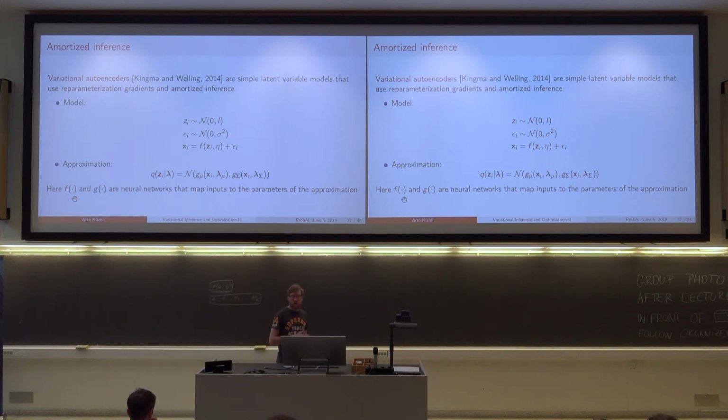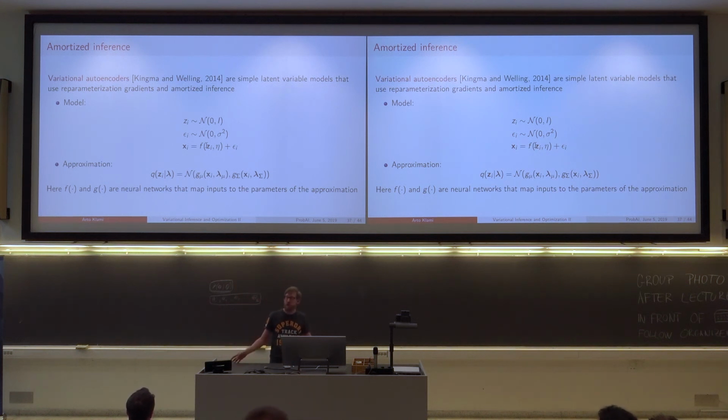So the variational autoencoder is a simple latent variable model. You assume that you have some latent variables following a standard normal distribution, and your observations are some nonlinear function, a neural network, mapping those latent variables into the observations.